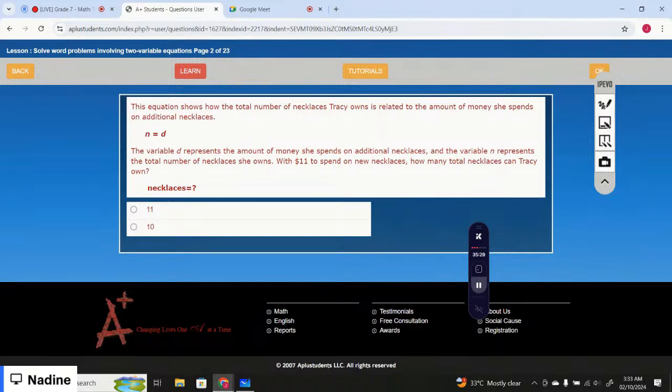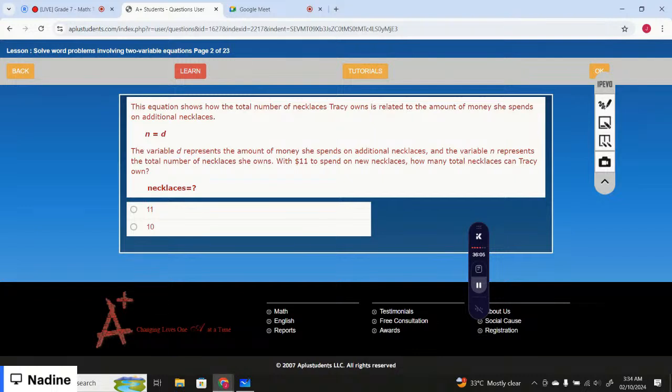With $11 to spend on new necklaces, how many total necklaces can Tracy own? Which is the correct option?